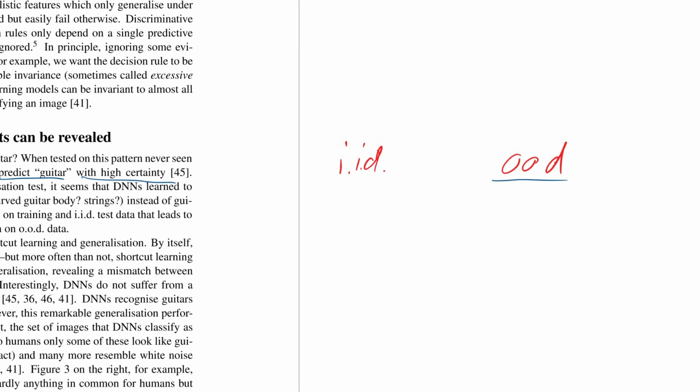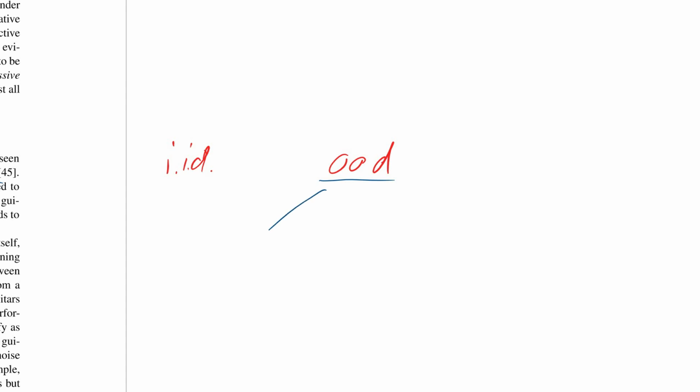So first of all, I would say the OOD data you can probably divide into what I would call unnatural OOD data. Let's say our task here is to build an object detector, whatever that means, for natural images. Then there's unnatural OOD data, in which you'll find something like adversarial examples.